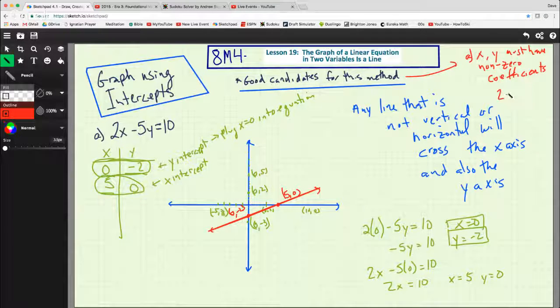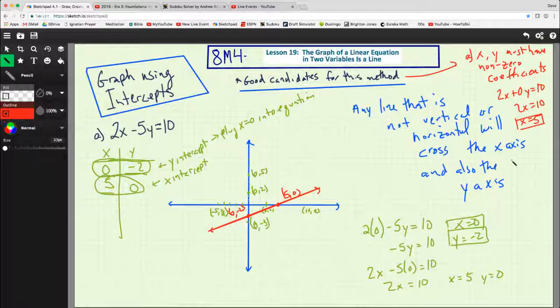If I had 2x plus 0y equals 10, I would have the formula that simplifies to 2x equals 10, and that would be x equals 5. And we know that this is a vertical line, and we can't have vertical lines. So if x or y has a 0 coefficient, then we have horizontal or vertical lines, and we do not have a line that crosses both axes. So that's the first thing. Most lines will have a non-zero coefficient for both x and y, so we're good.